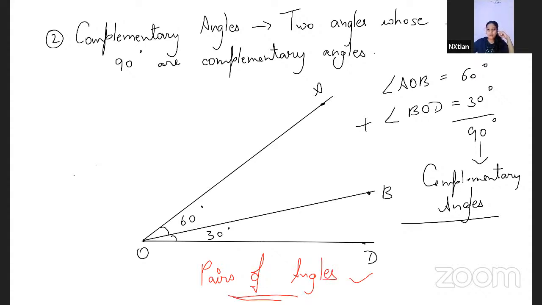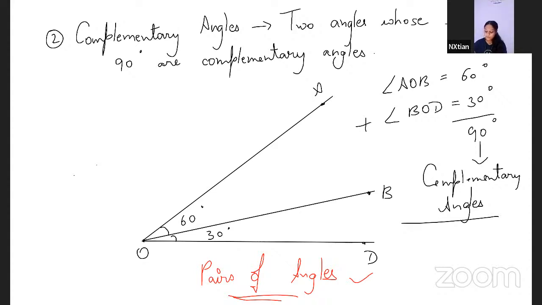Ma'am, 60 plus 30 equals 90. And the 30-degree angle will be a little bigger, I think. But then why is it not equal to 90 degrees?